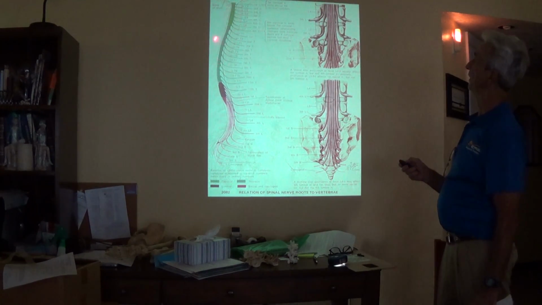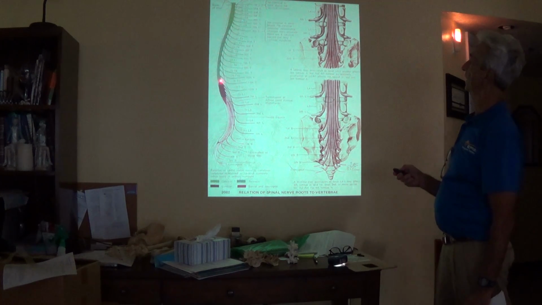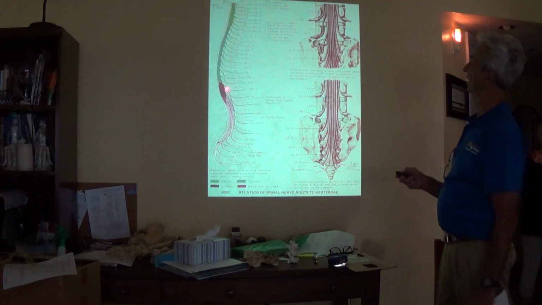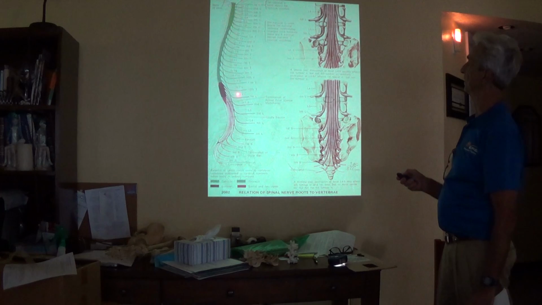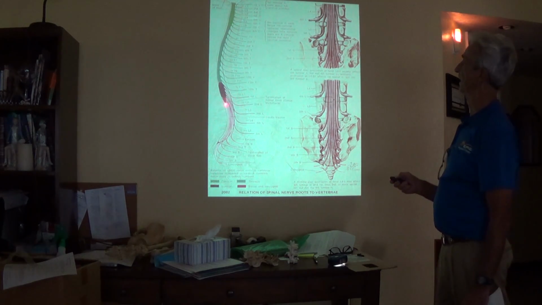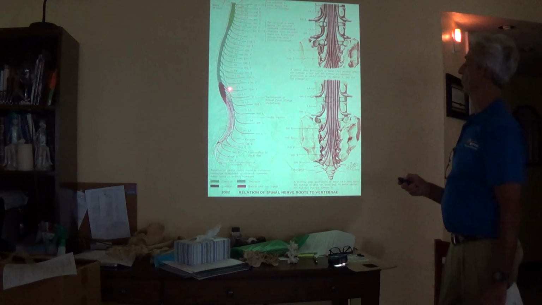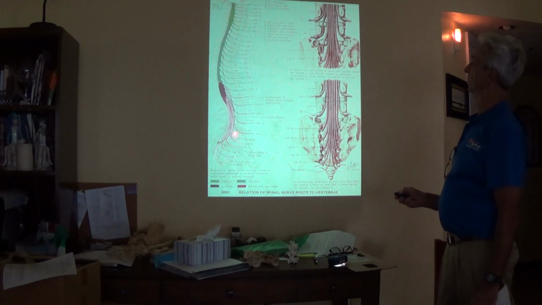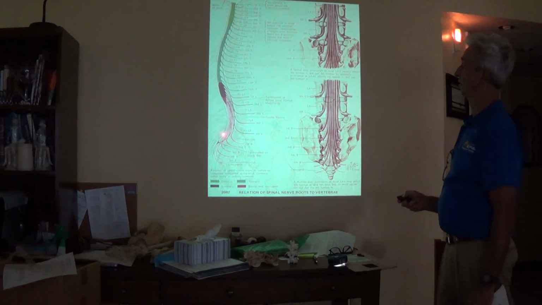You can see here, this is the spinal cord, and it basically stops right in this area, in between T11 and L1, and this is the end of the spinal cord. And so, for the most part, in the lumbar spine, you have the cauda equina, and the cauda equina is just a collection of nerve roots.